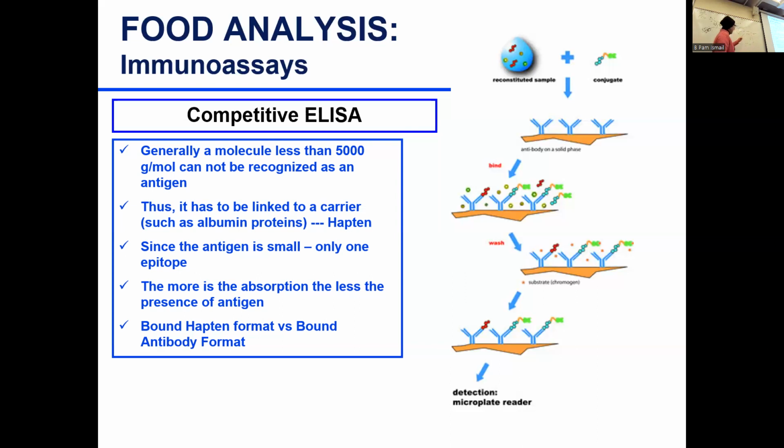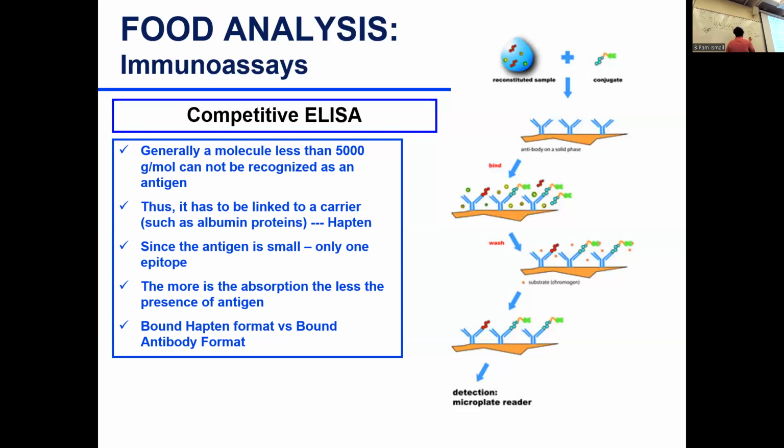This is what you inject into the animal, and in the sera, then you will have antibodies that are specific to this foreign body, as well as antibodies that you don't care for, to the hapten, to the protein. But you really care for this one that binds to your molecule. The whole molecule is the epitope. Because you cannot sandwich that anymore, because you only have one epitope, so you cannot do a sandwich ELISA.